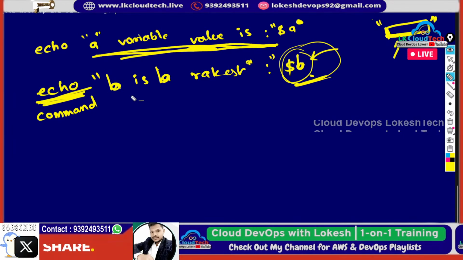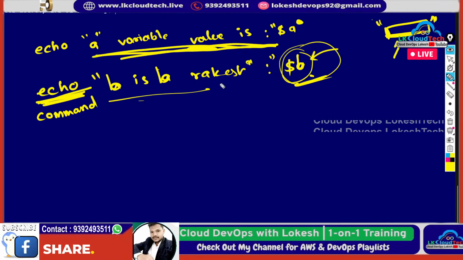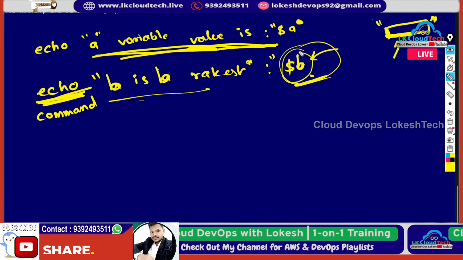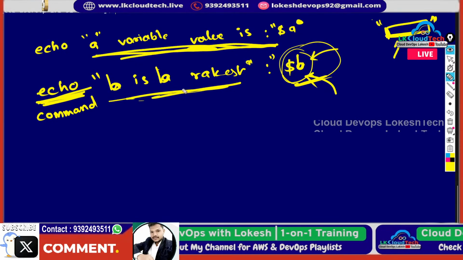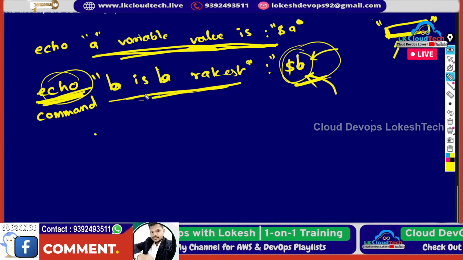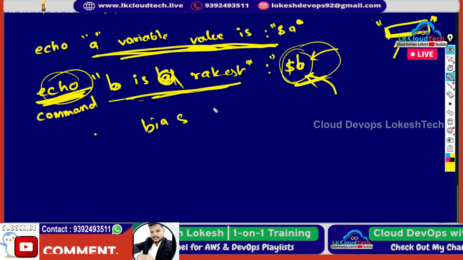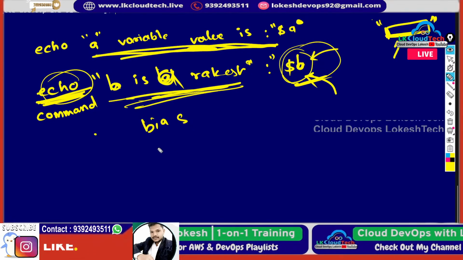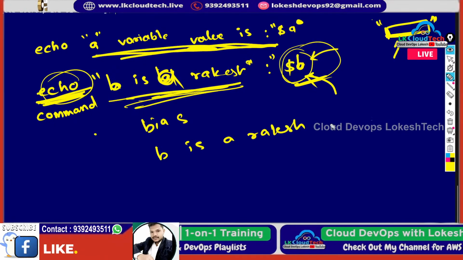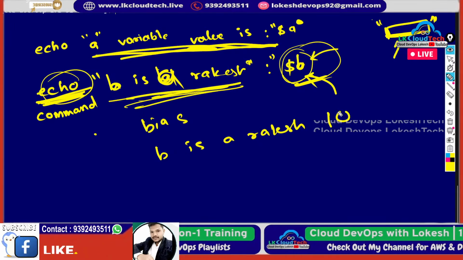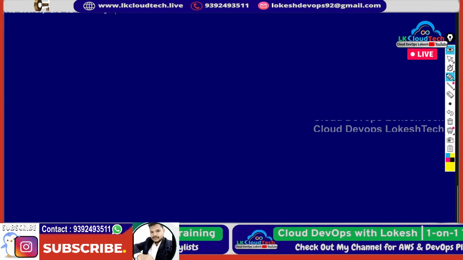Echo means that whatever you give will be printed. You might have defined $b, so the $b value will be there, and along with the statement, echo will print, for example, "B is a Rakesh" and some value like 10. Clear? We'll see that.